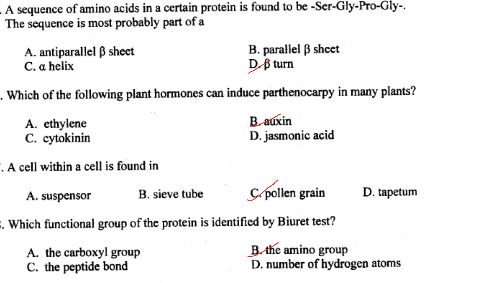Then the sieve tube is the conducting element of the phloem. It is formed from a vertical series of elongated cells interconnected by perforations in their walls in areas known as sieve plates.